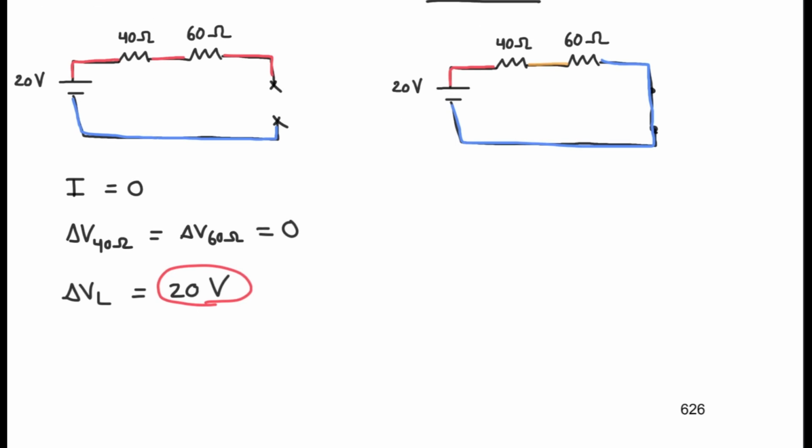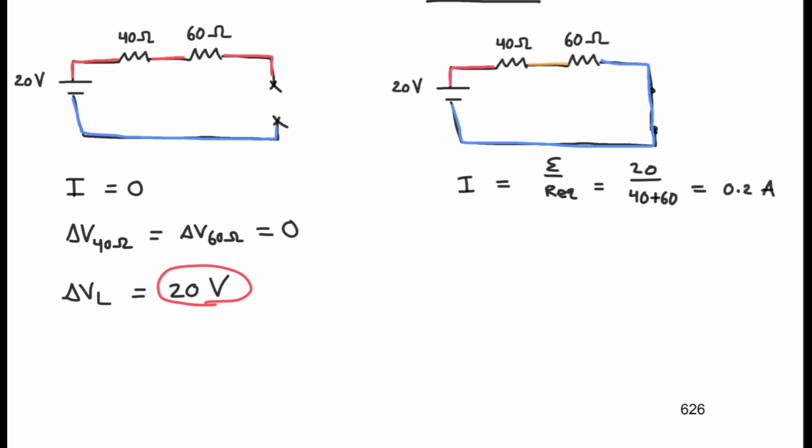So first thing we should do, since it's a series circuit, is just calculate the total current. So the total current is just going to be the battery EMF divided by the equivalent resistance of the circuit, which would be those 20 volts divided by the two resistances added in series. So 20 divided by 100, which would be 0.2 amps.